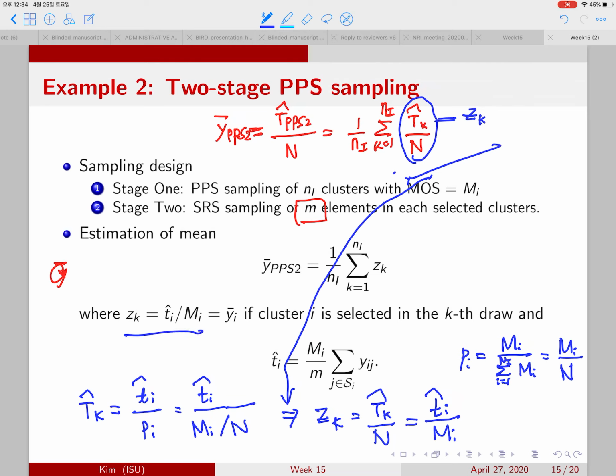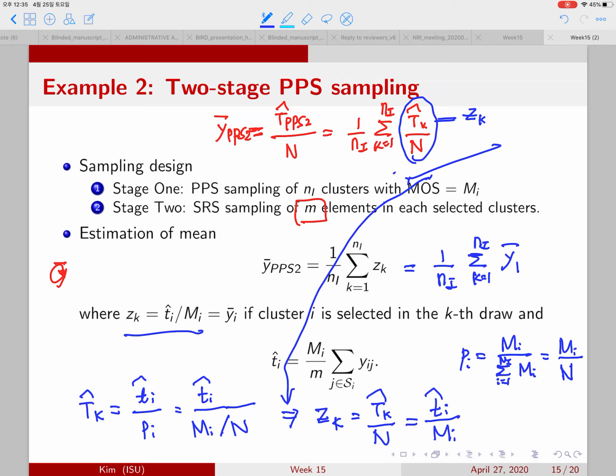So in the end, this is just 1 over n times the sum of y bar i, where i is the index for the case selection.